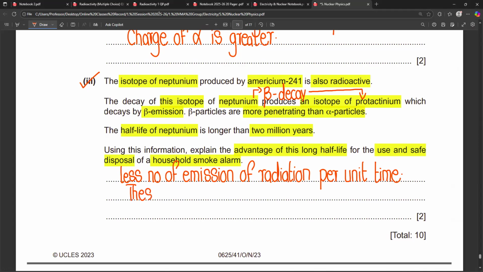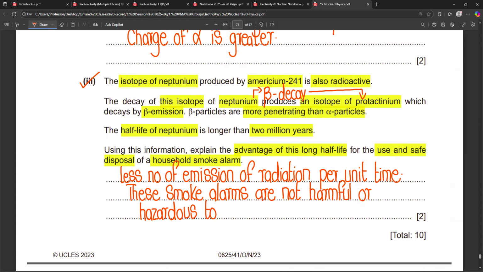So these smoke alarms are not harmful or hazardous to humans. So this is another advantage of using a long half-life, correct?